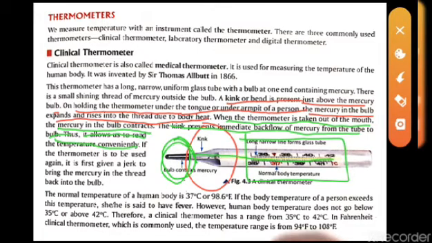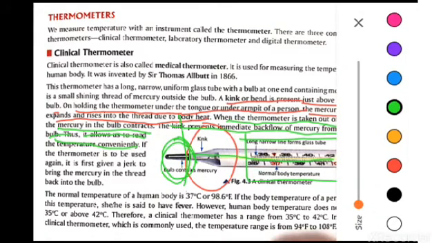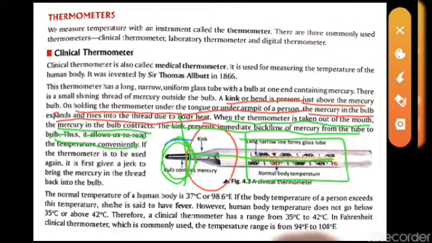So when we take the bulb out, the kink does not allow the mercury to flow back, so that we can read the thermometer. If the thermometer is to be used again, it is first given a jerk to bring the mercury in the thread back into the bulb.